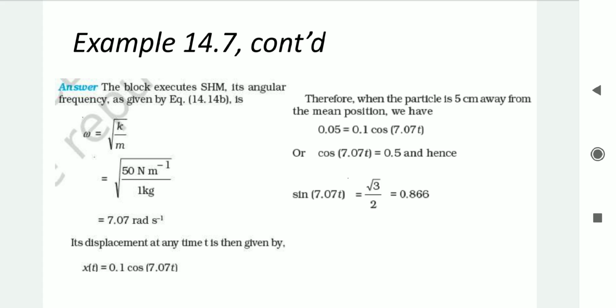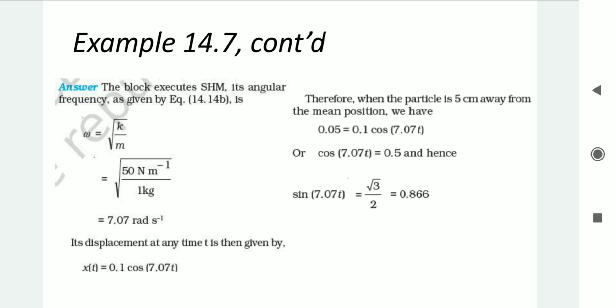By substituting those values, omega is 7.07 radian per second. We have x of t equals A cos of omega t plus phi. Here we take the phase phi as 0, so A cos omega t. This is the displacement equation.